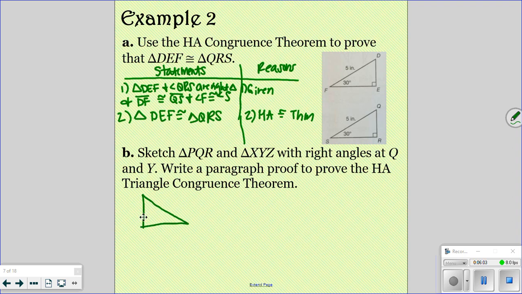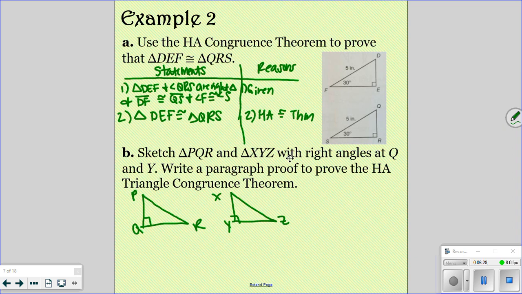We have PQR with a right angle at Q, and we have XYZ. And it wants us to write a paragraph proof to prove the hypotenuse angle triangle congruence theorem.